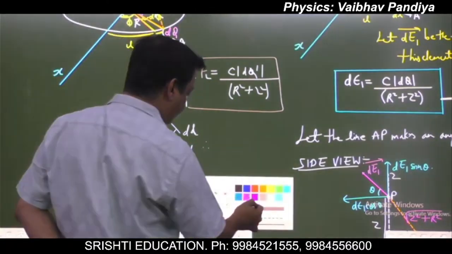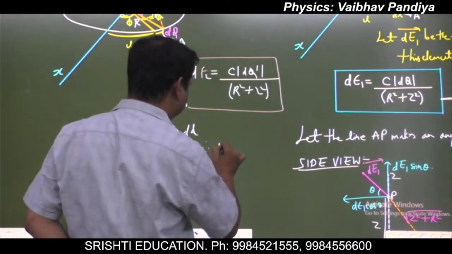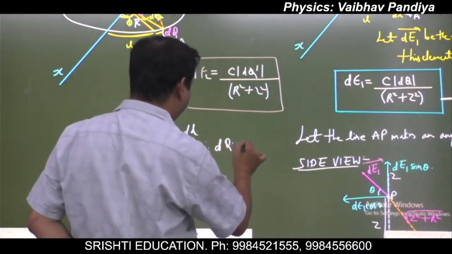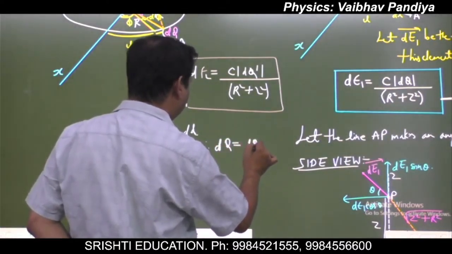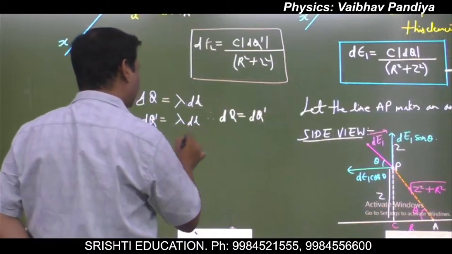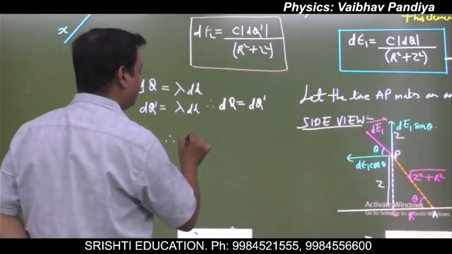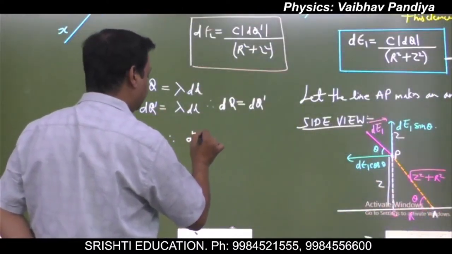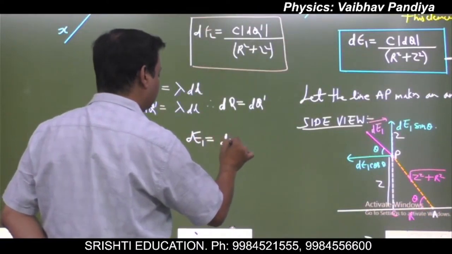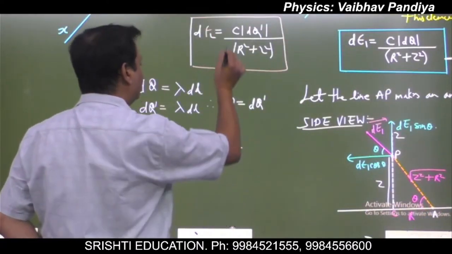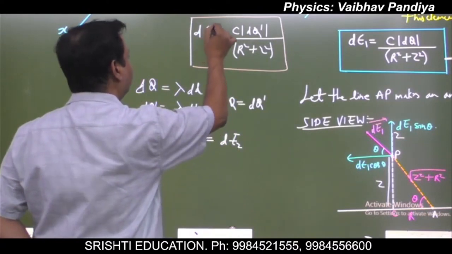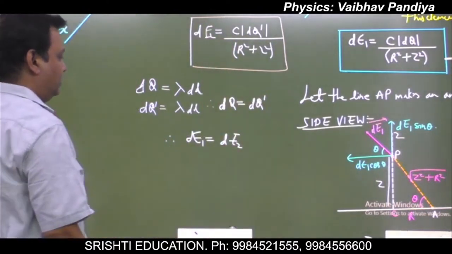So we can write dq is equal to dq dash. Therefore dE1 is equal to dE2. Okay, so both the electric fields have the same magnitude.